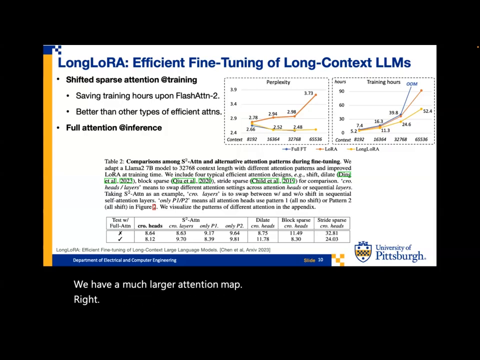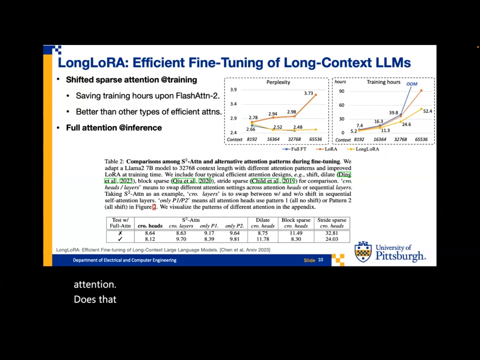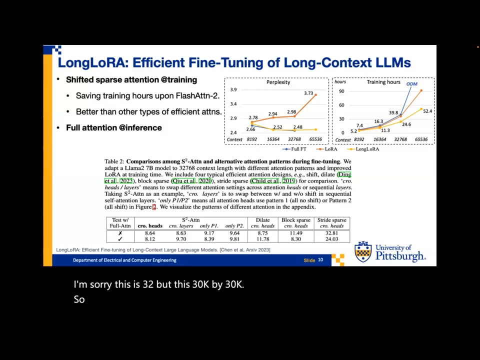Let's say originally it was 4,096, let's say just 4K. Originally the attention was trained with 4K by 4K attention. Does that make sense? Now we have 30K by 30K. So the tuning cost is way too much.